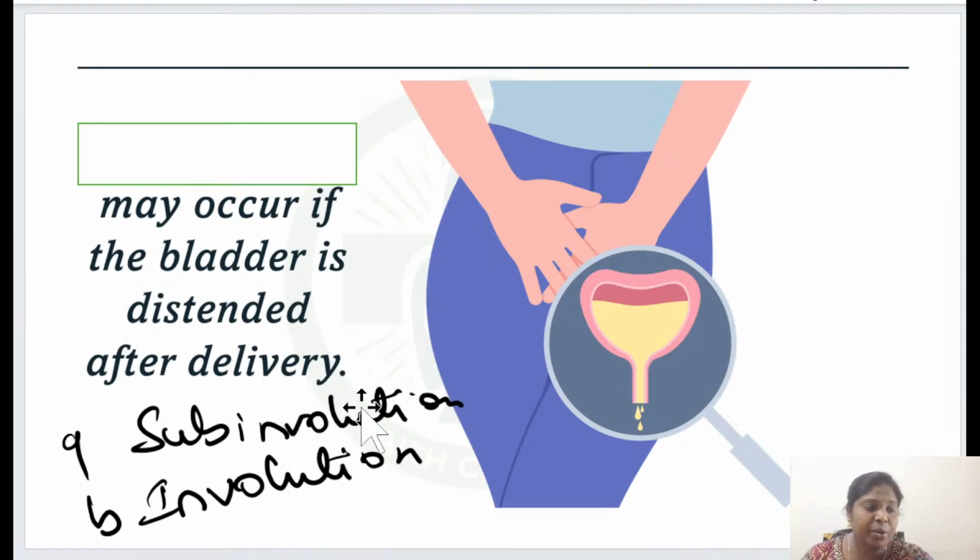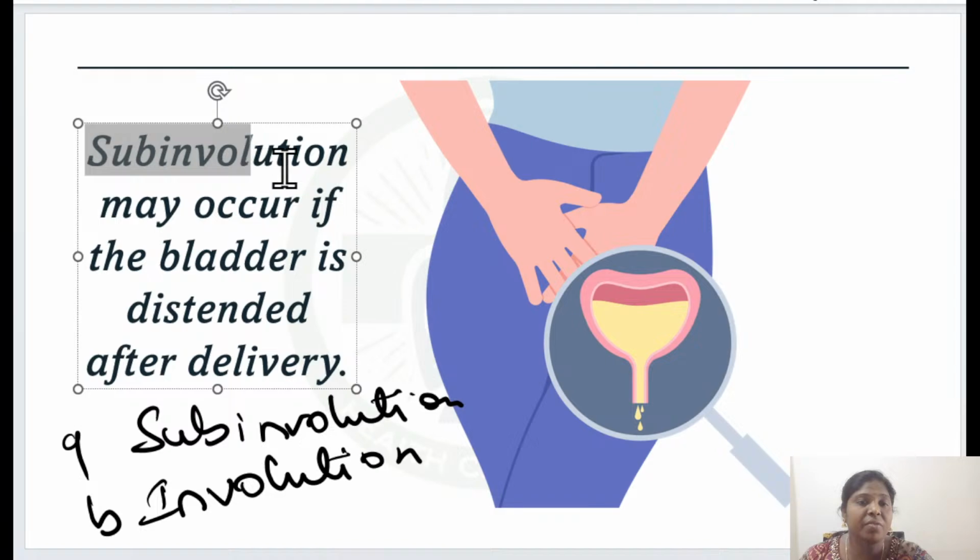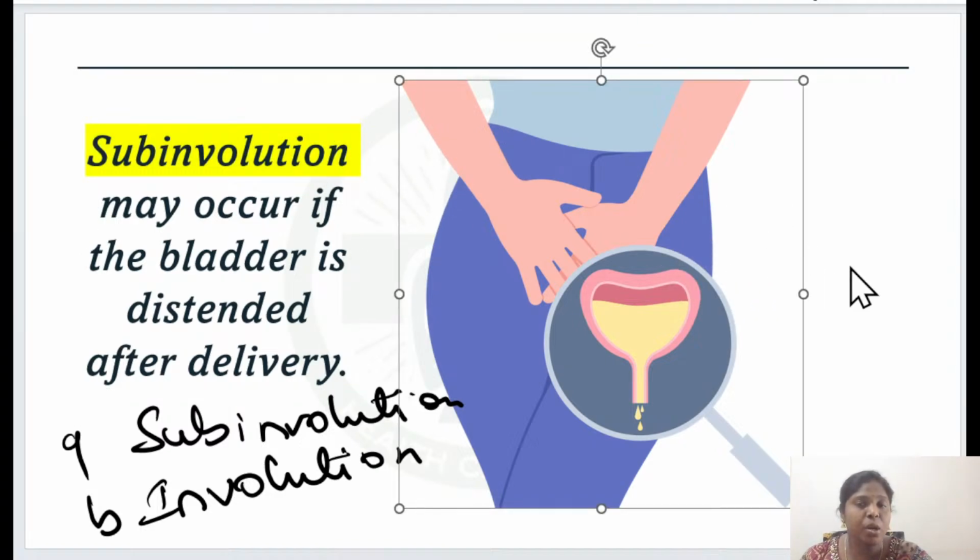It will not go back into the uterus. You have told correctly. So it will cause subinvolution, the uterus will not be able to go back. If the bowel is full or bladder is full and distended, subinvolution will take place.